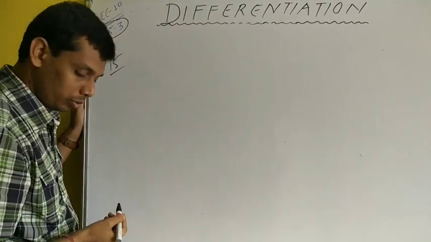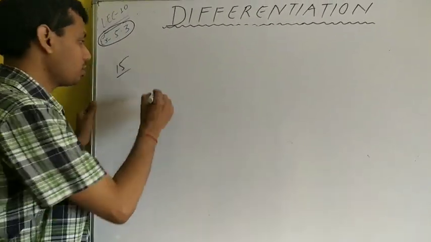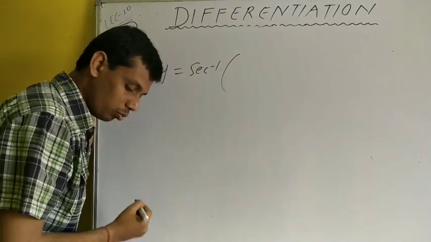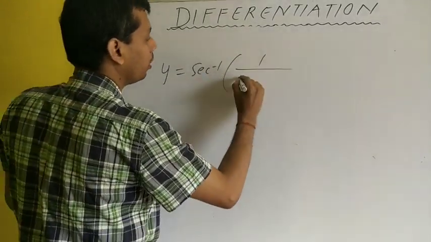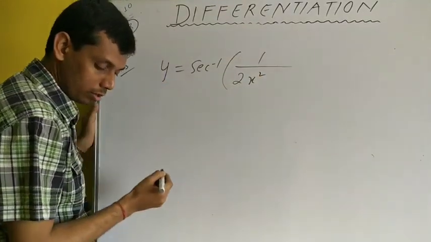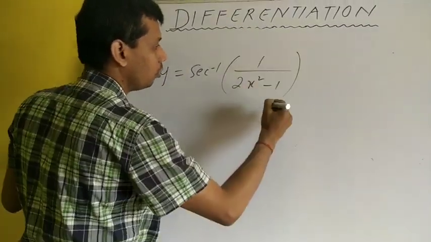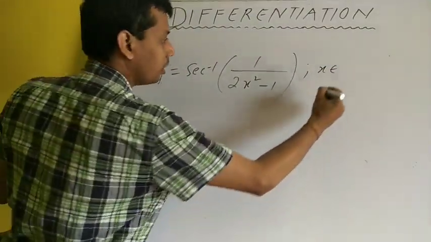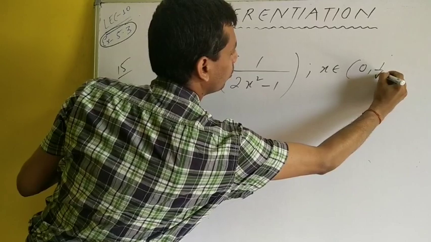Question number 15. y is equal to sec inverse 1 by 2x square minus 1, where x belongs to the open interval 0 to 1 by root 2.